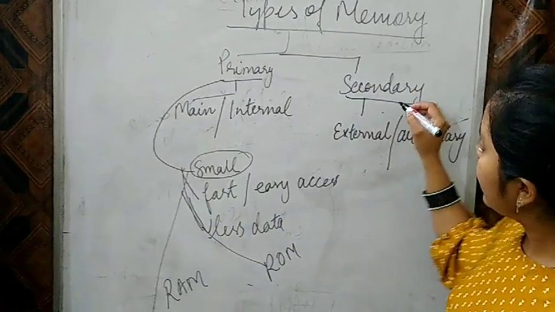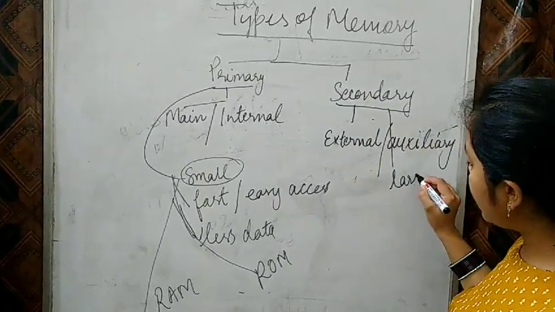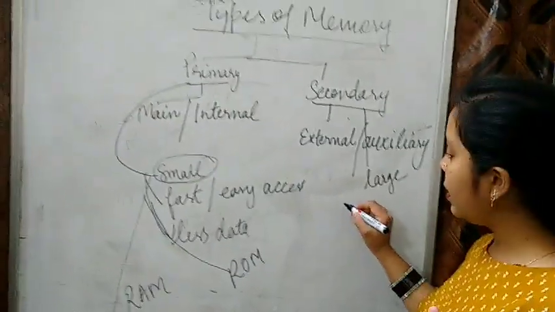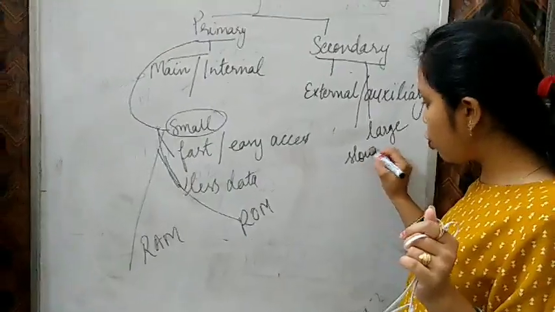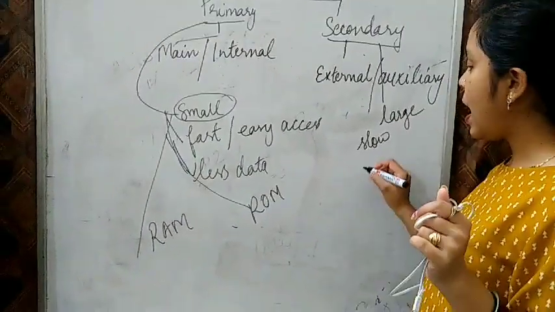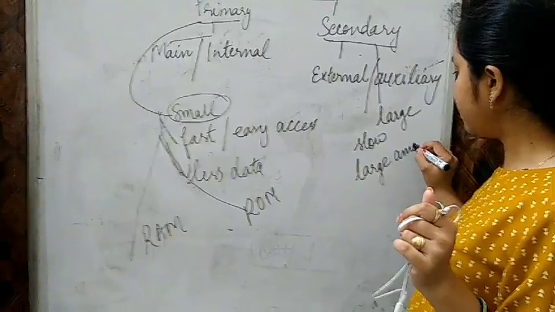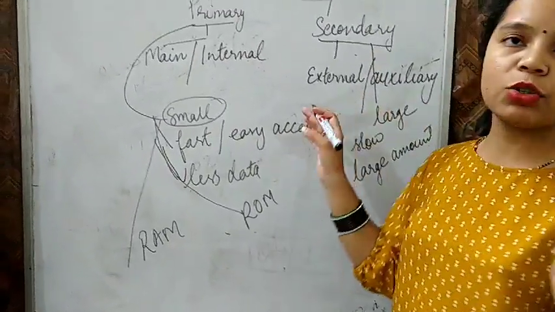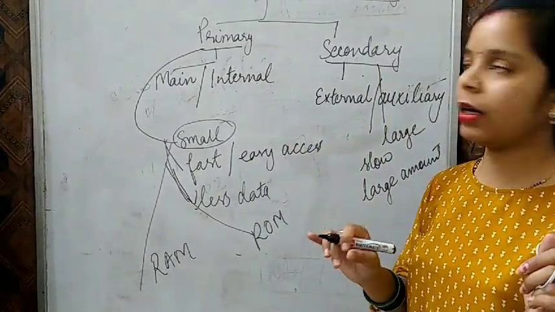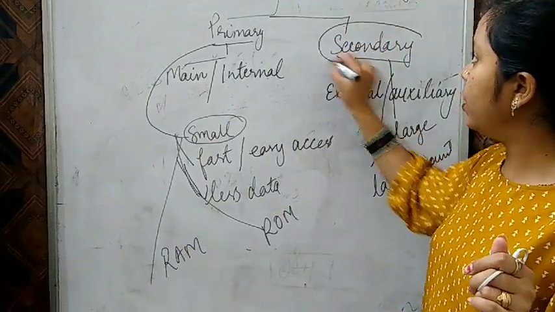Secondary memory is a large memory. It is a little slower than primary memory and it stores a large amount of data. Secondary memory can store a very large amount of data, it is a very big memory.